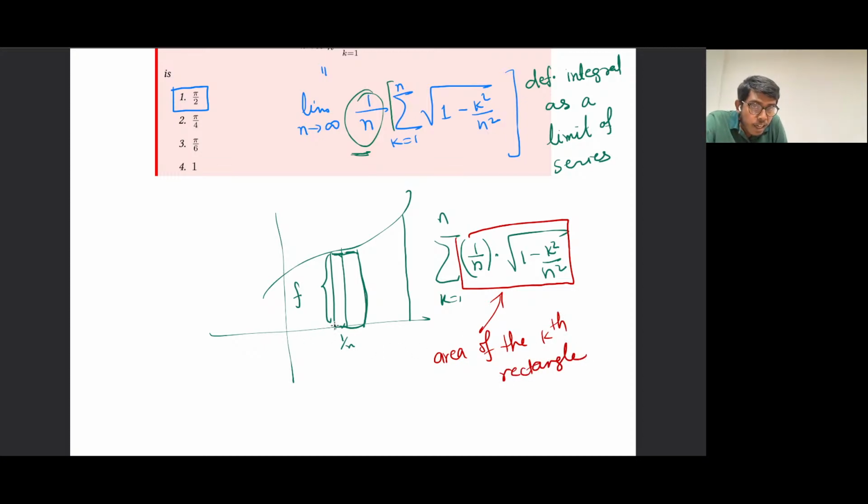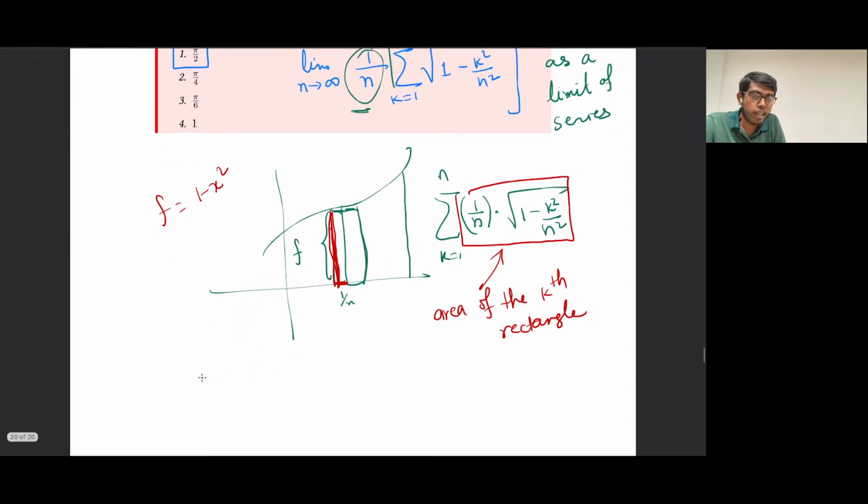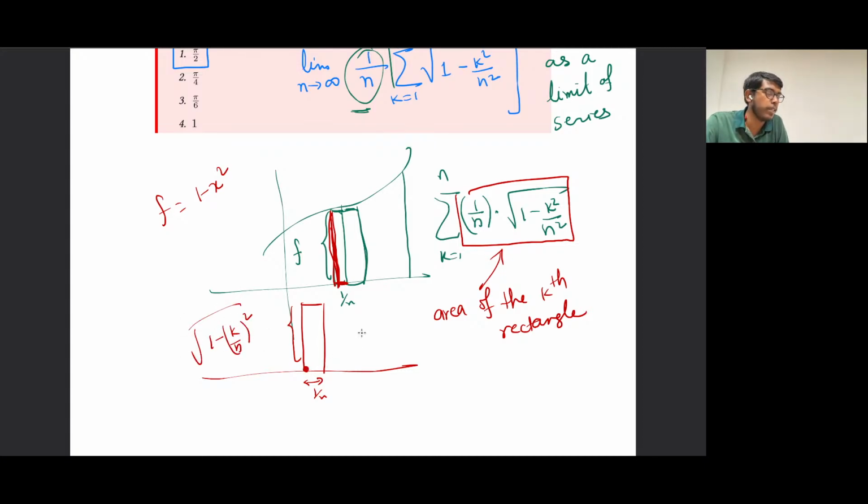Because this is 1 by n and this is the function value. If I assume f is equal to the square root of 1 minus x square, then at the kth rectangle, this length will be 1 by n, and this will be the square root of 1 minus (k by n) square, because this value is k by n.